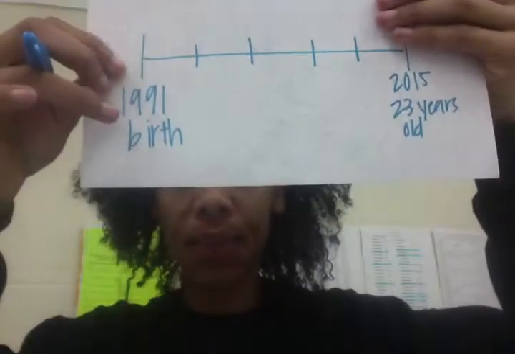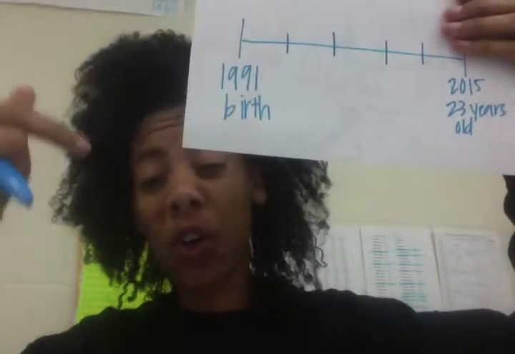But a timeline tells you specific events, and it tells you in chronological order or time order. So timelines tell you about specific events in chronological order or time order. It helps you sequence your events in order. Always starting over here on the right is like the first date.